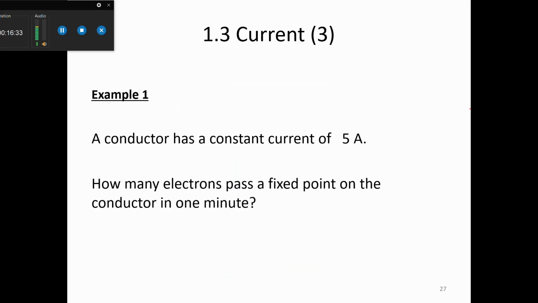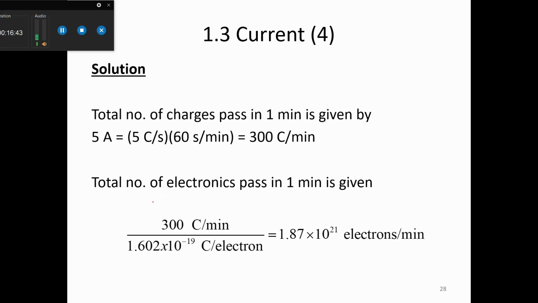A conductor has a constant current of 5 ampere. How many electrons pass a fixed point on the conductor in 1 minute? So we can find the total charge that passes in 1 minute. 1 minute is equal to 60 seconds, so we can just multiply.